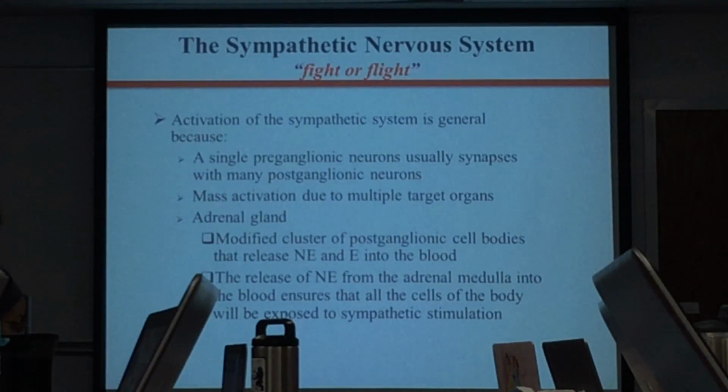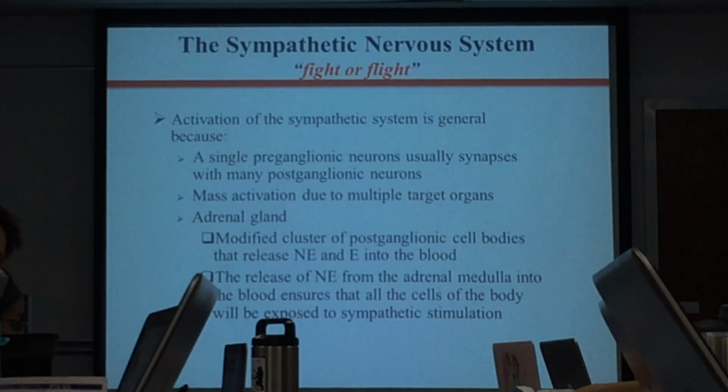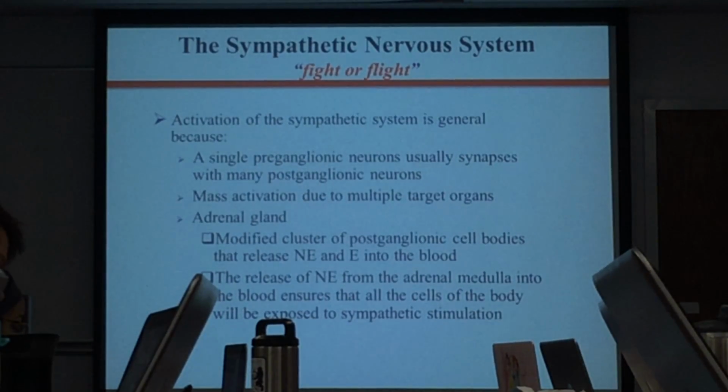This is one to many, 20, 30. So when the norepinephrine is released in the bloodstream, you get a mass activation because multiple organs are stimulated in a short period of time, and in force because the norepinephrine is released so much.